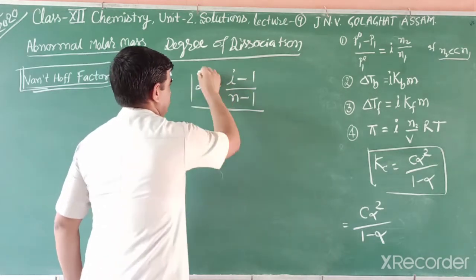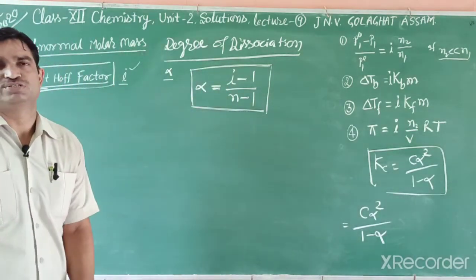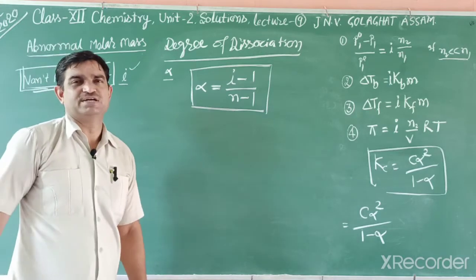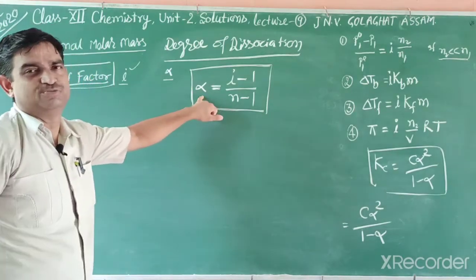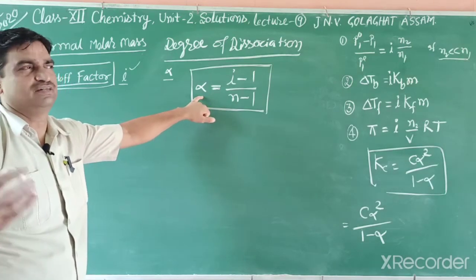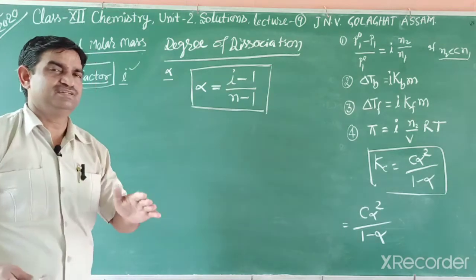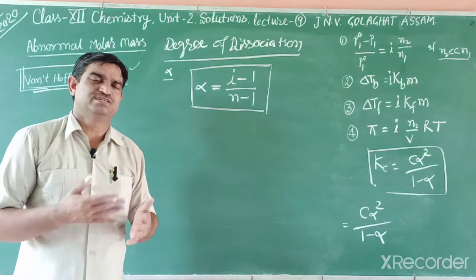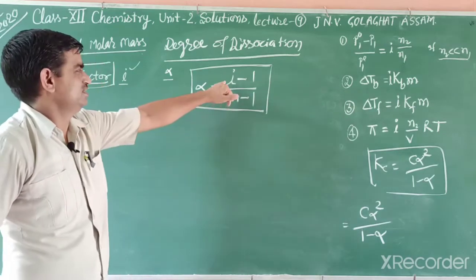If you remember this formula for dissociation, then you can easily identify and solve a numerical problem. What do you mean by this? Alpha is the degree of dissociation, like 10, 30, 50 percent. i means Van't Hoff factor, which is already discussed. With normal and abnormal molar mass, given by those three formulas, you can identify any one.